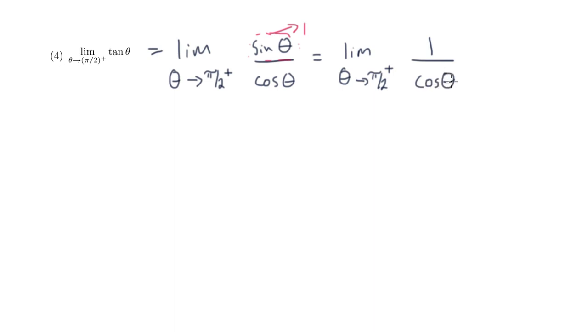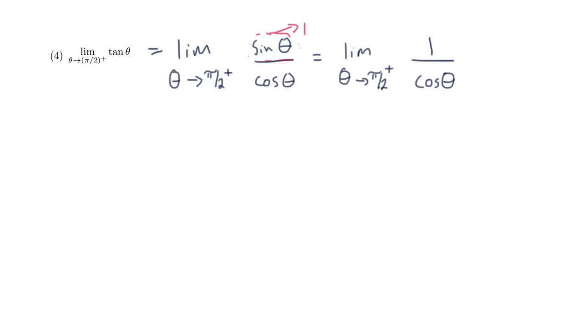Now here's where you really have to use your trig knowledge. As theta approaches pi over 2, cosine is approaching 0. But it becomes significant whether cosine theta is approaching 0 from the right or from the left, as theta approaches pi over 2 from the right.